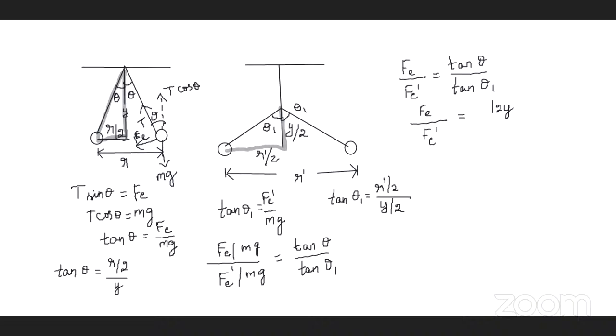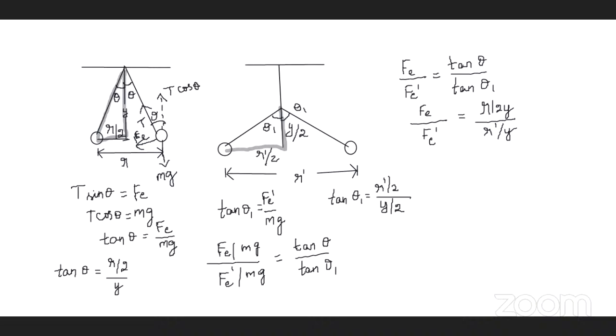This is r by 2y whole divided by Fe prime, that is tan theta 1, that is r prime by 2 divided by y by 2, that will be r prime by y. So now Fe by Fe prime equal to r by 2y divided by r prime by y.